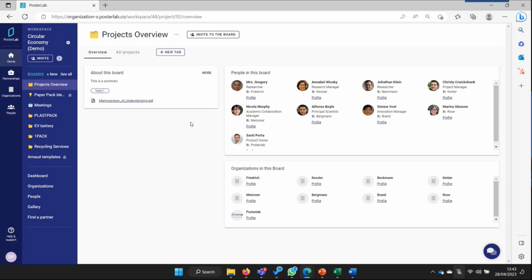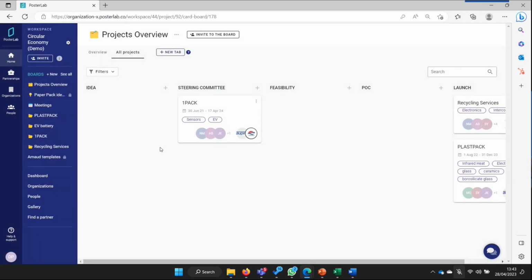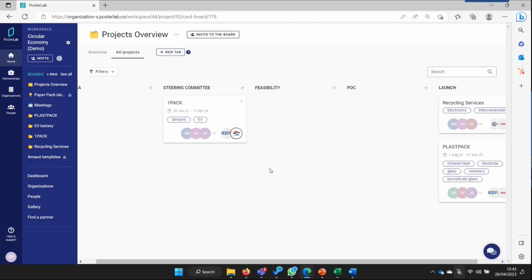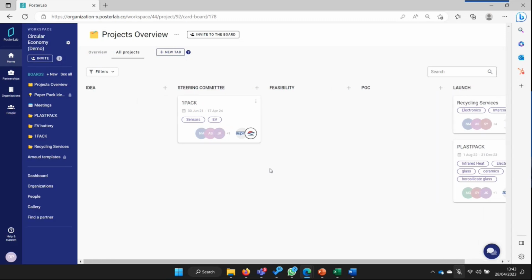Then what I was talking about, so today, what is specific of today? I'm going into this space where I have all the projects that I'm running, all my partnerships. And what I was telling you in the project overview is that here you have this kind of StageGate approach, StageGate visibility, where you can see the different projects you have and at which stage they are. So you are going to tell me, okay, yes, Sebastien, but the StageGate is not exactly what you showed us before.